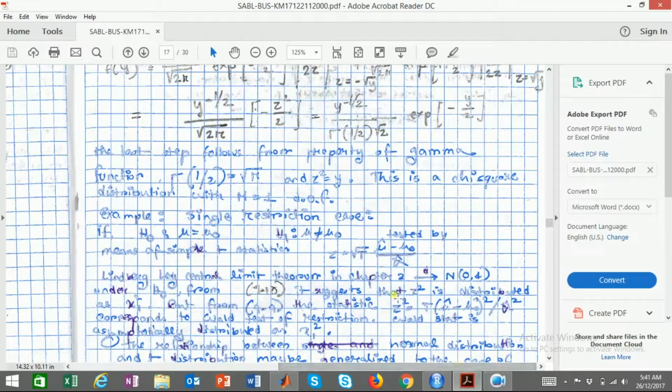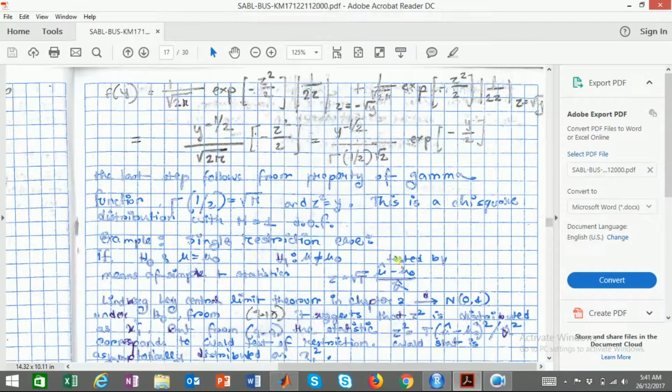Okay, plus 1 by root over twice pi, exponential of minus z square by 2, and 1 by 2z, where here z's value is minus root over y, this value is plus root over y, or we can write y to the power minus half by twice pi, root over twice pi multiplied to z square by 2, or this can be written as this.